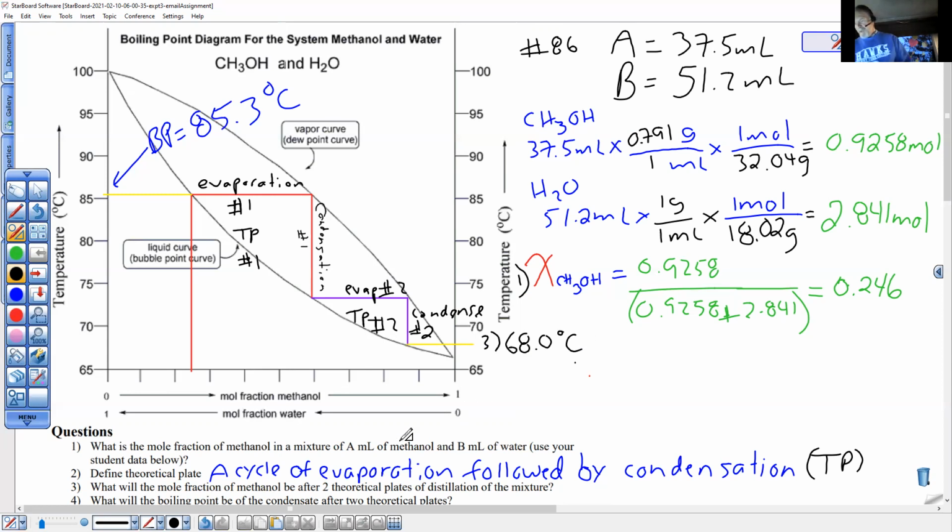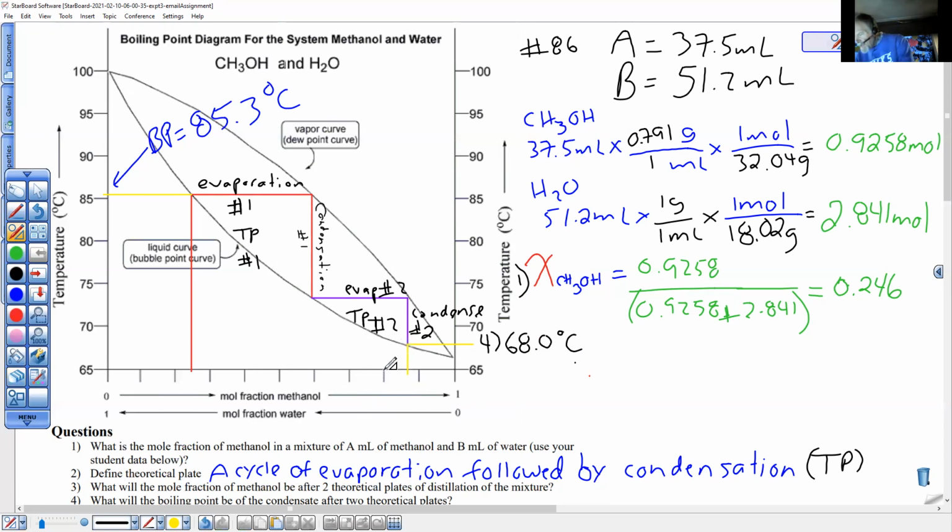And what will be, that's the boiling, that's question 4. Oh, I did question 4. Boiling points, 4. Question 3, and read the graph differently. What will the mole fraction of methanol be after 2 theoretical plates of distillation? Theoretical plate number 1, theoretical plate number 2. What is the mole fraction right here? We're reading the graph to the x-axis, straight line.